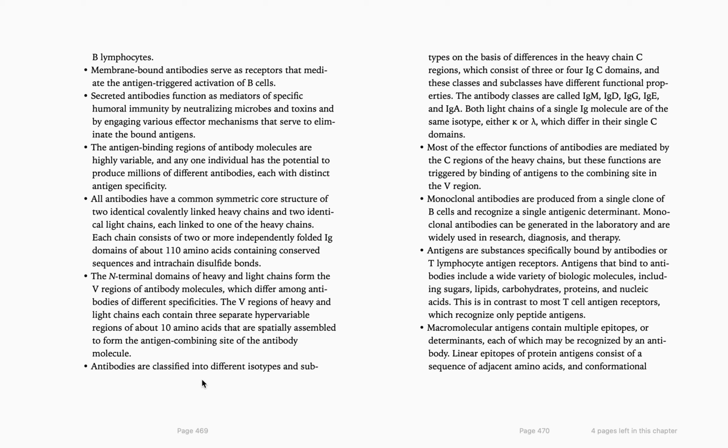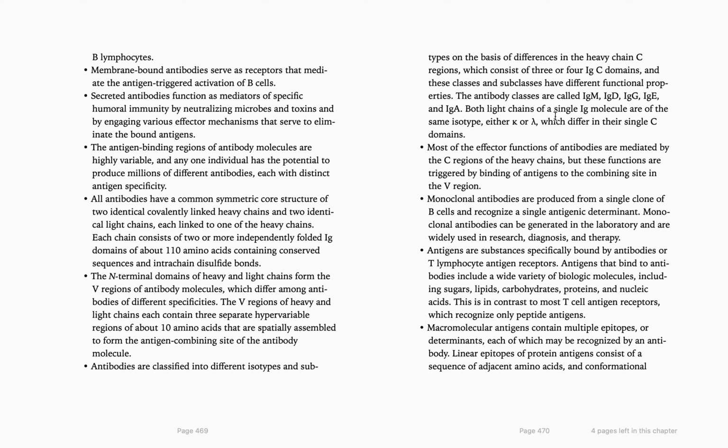Antibodies are classified into different isotypes and subtypes on the basis of differences in the heavy chain constant region, which consists of 3 to 4 Ig C domains, and these classes and subclasses have different functional properties. The antibody classes are called IgM, IgD, IgG, IgE, and IgA.